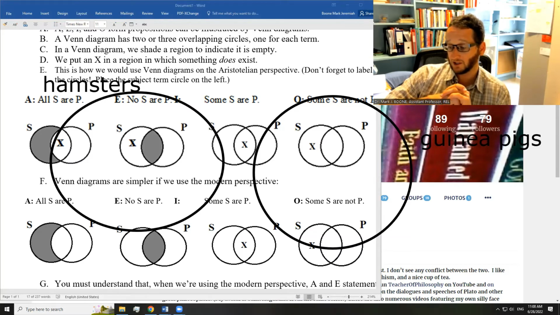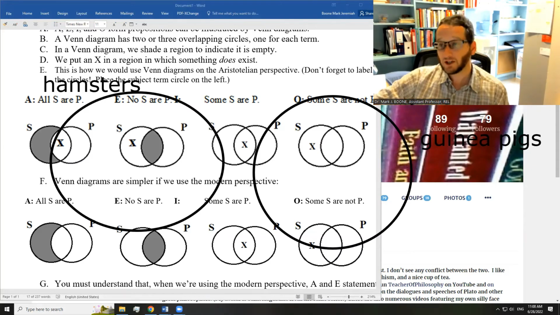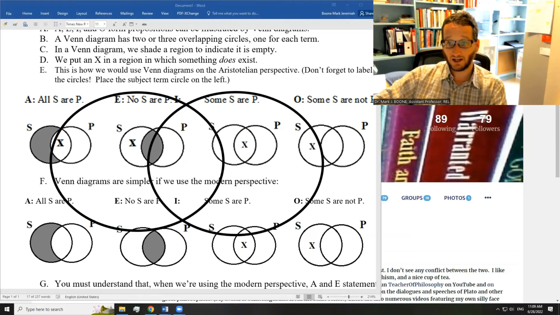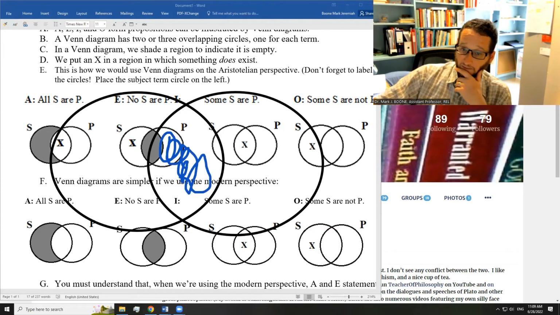And when a premise of an argument rules out some possibilities, especially an obvious one, like no guinea pigs are hamsters, no mammals are sharks, things like that, then you include that information in the Venn diagram, not by separating the circles, but by doing a standard overlapping circle and shading in the middle region. If they don't overlap, that just means your middle region needs to be shaded.